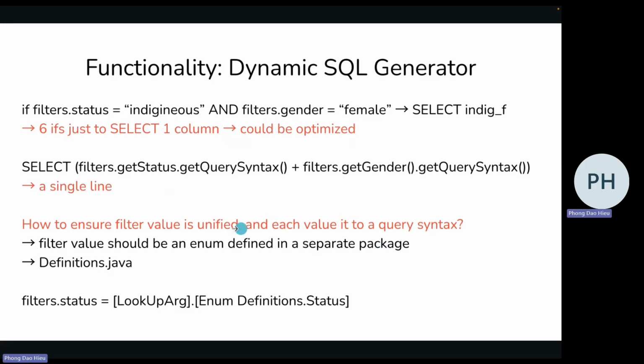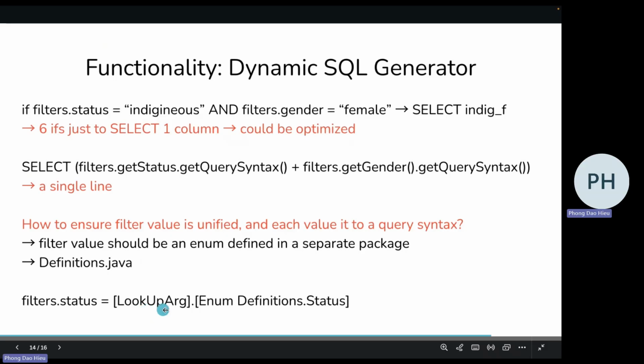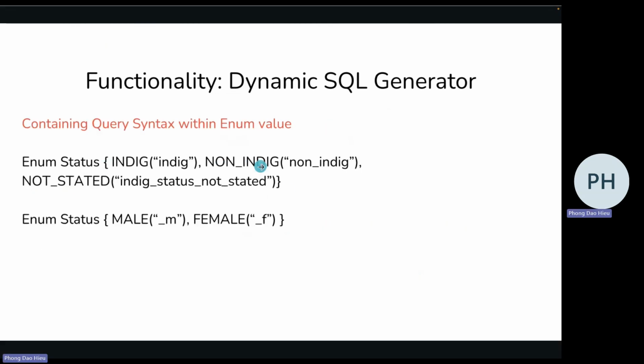This must be done using enums defined in definitions.java file. So basically, this filters.getStatus is a lookup argument containing a definitions.status enum. This is what the definition looks like.